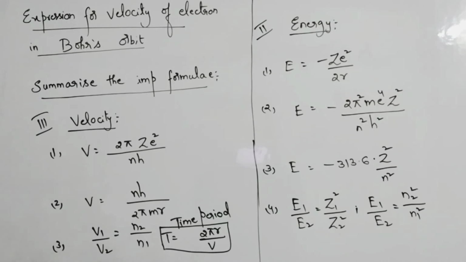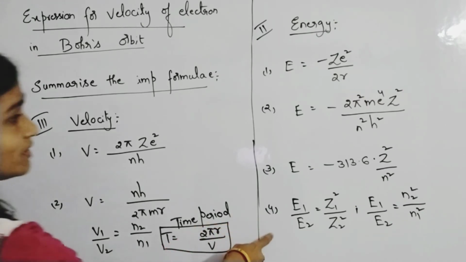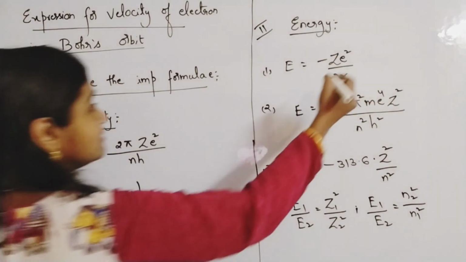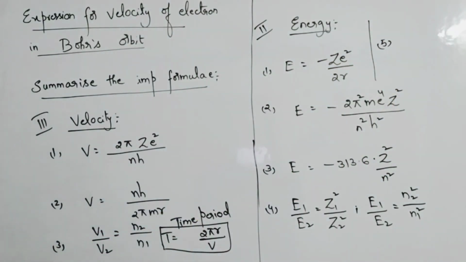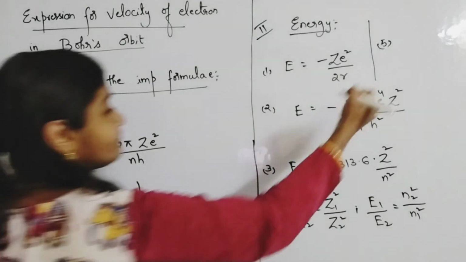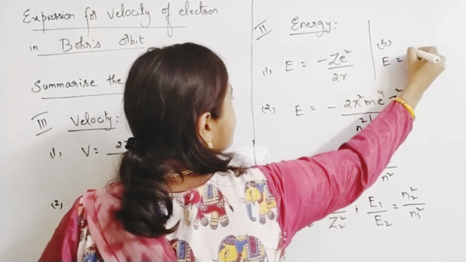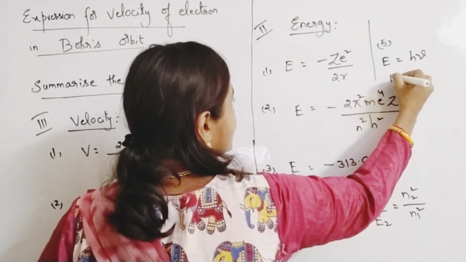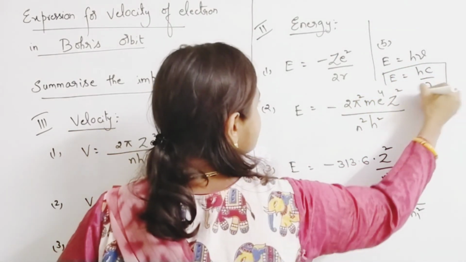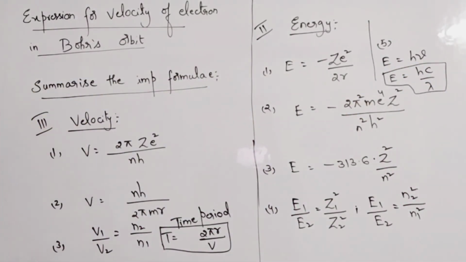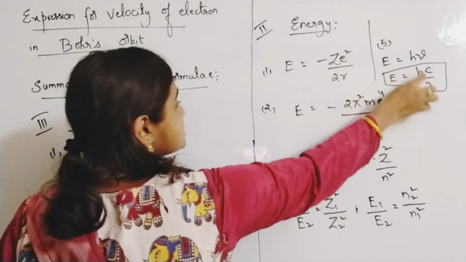Okay, and even energy formulas can be written in terms of what we call wavelength. So you have E is equal to h nu, and E is equal to hc by lambda also.